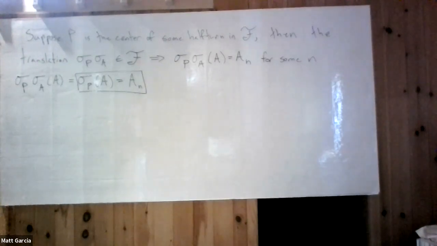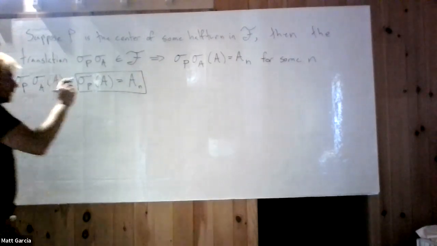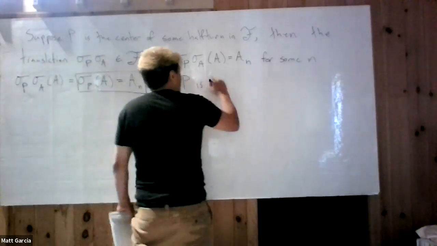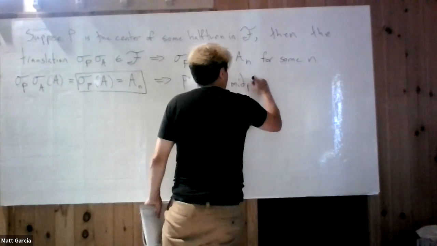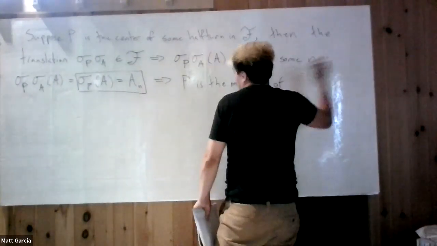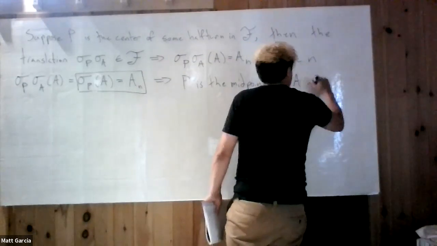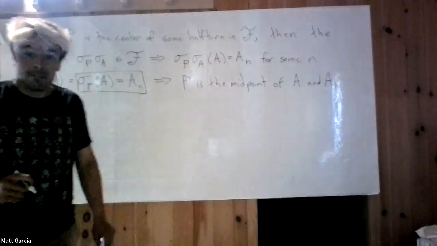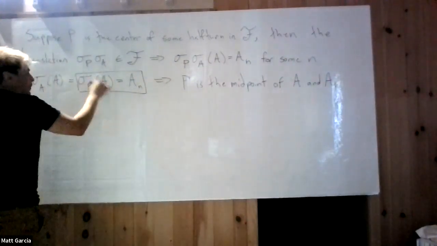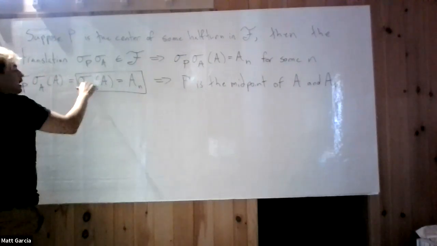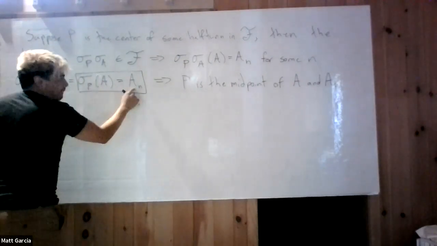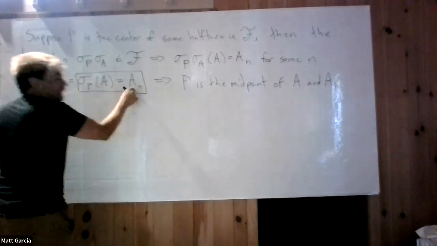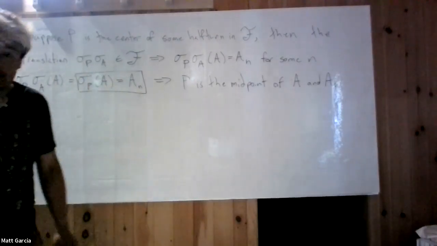So it is on the line C, good, but it also tells us that P is the midpoint of A and A_N. If I take point A and rotate it 180 degrees about point P, that means P is the midpoint between this input point and the image.